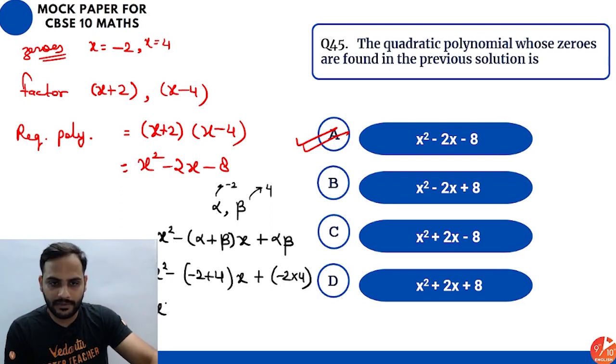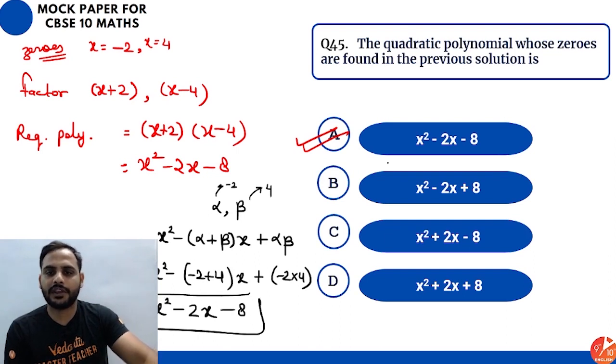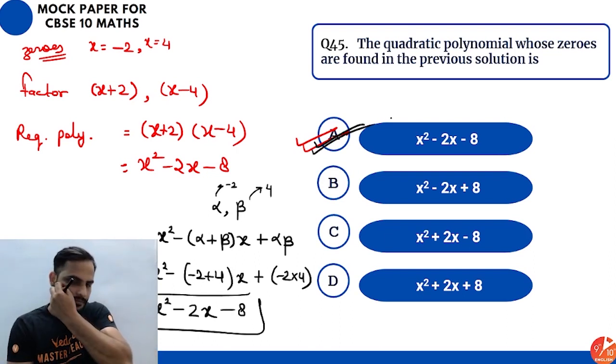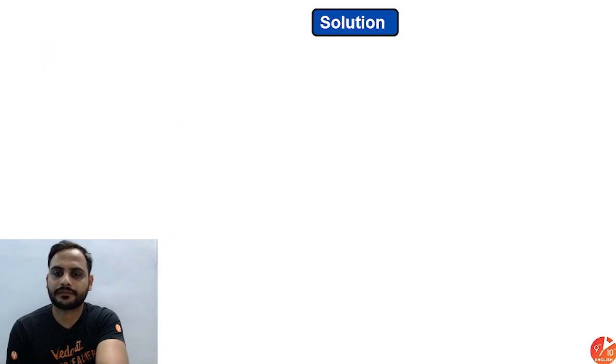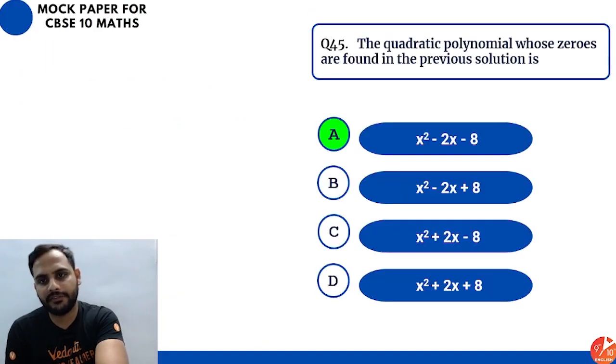So we'll be getting x square minus 2x, and -2 into 4 is -8. In both the cases the answer will remain same. Option A will be your correct answer.